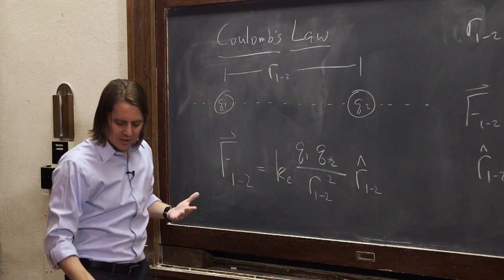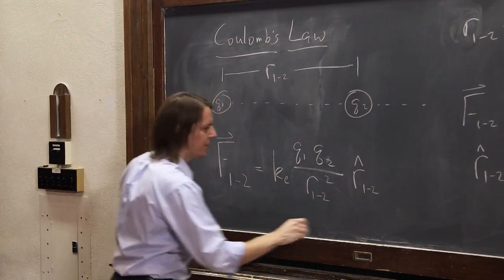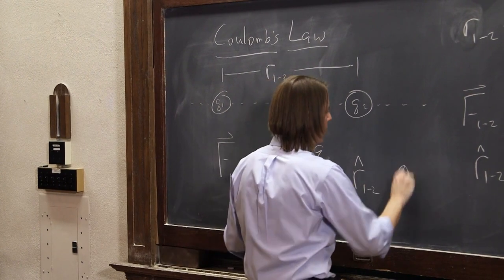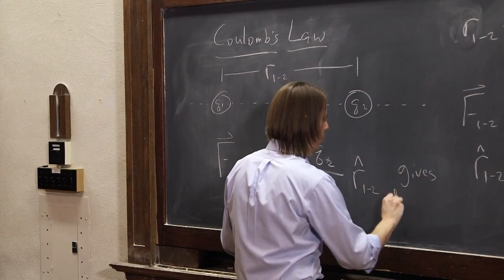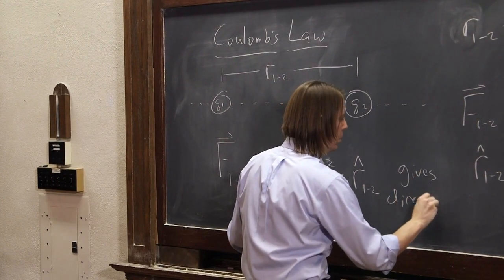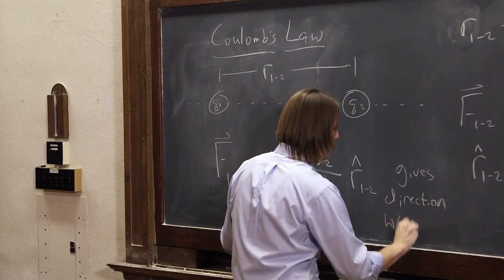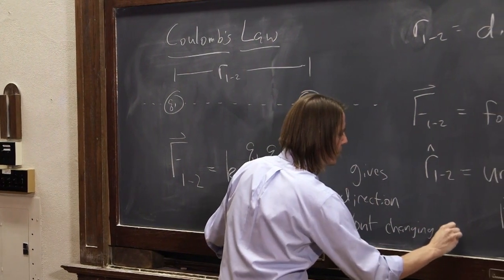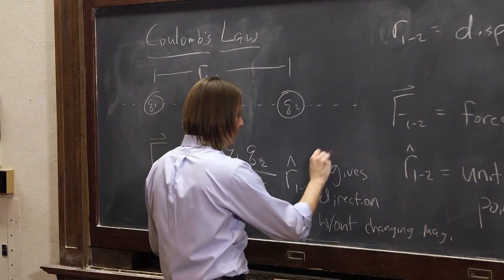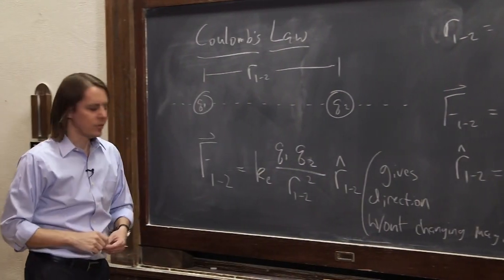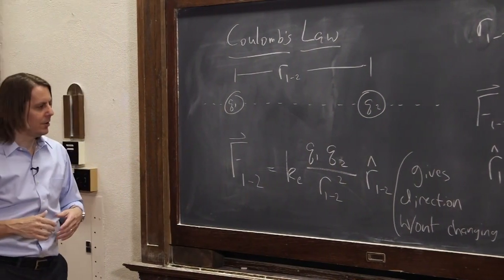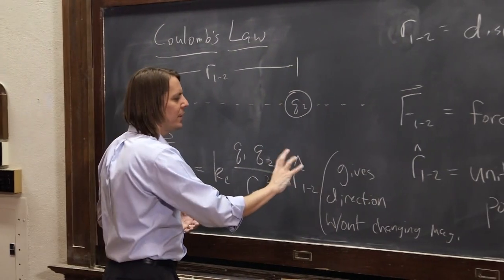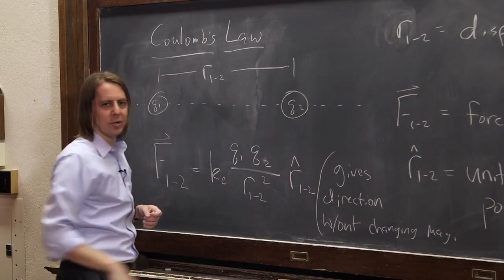What it does is it gives this a direction without changing the magnitude. Right? That's what this thing does. So you'll see these a lot in your physics book, and you'll see all it's doing is reminding you it's a vector. We have to say which way it goes.